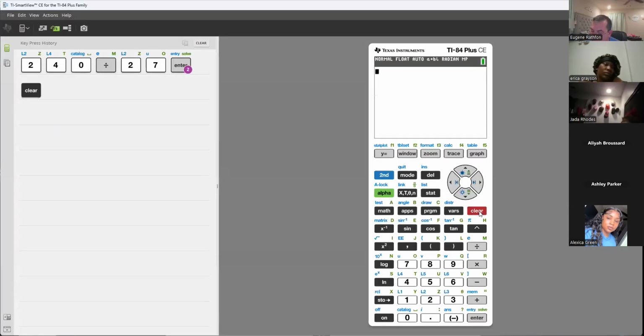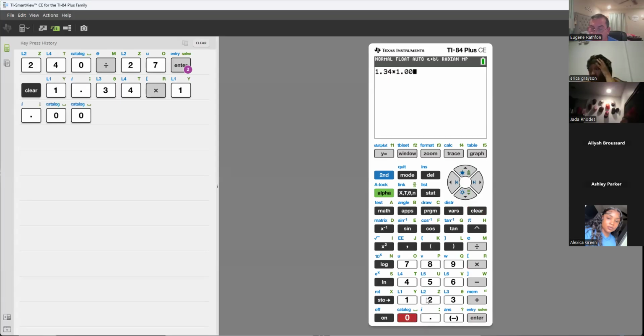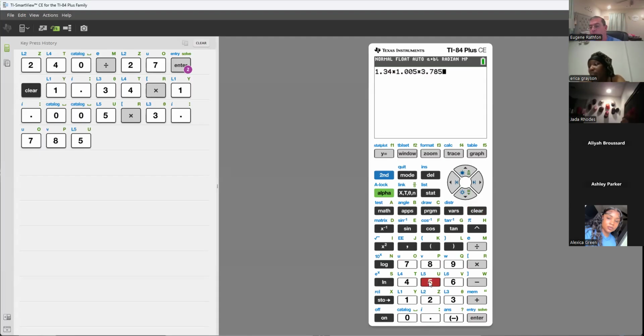All right, so I'll clear that. So everything on top gets multiplied. 1.34 times 1.005 times 3.785. Now on the bottom was 1 times 1 times 1. So we don't have to worry about the bottom. So y'all, let's see. I'm going to round this 2 decimal places like money. So the 9 has a 7 after it.